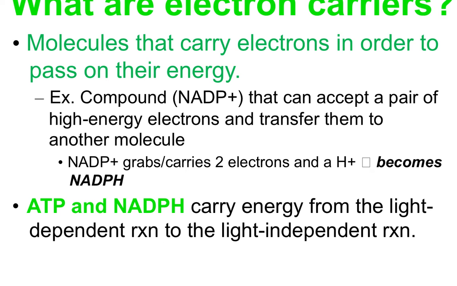So a compound, NADP plus, for example, that can accept a pair of high energy electrons and transfer them to another molecule are what we call electron carriers. So that NADP grabs and carries 2 electrons and an H plus to become NADPH. So ATP and NADPH carry energy from light dependent reactions specifically. They're going to the light independent reactions.